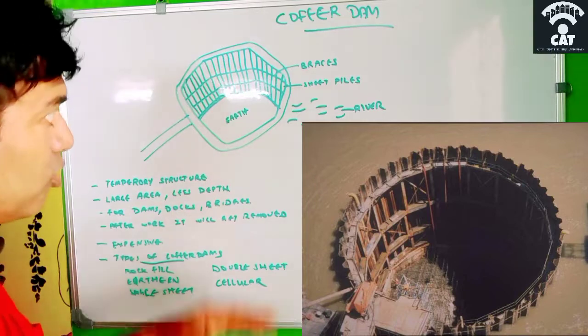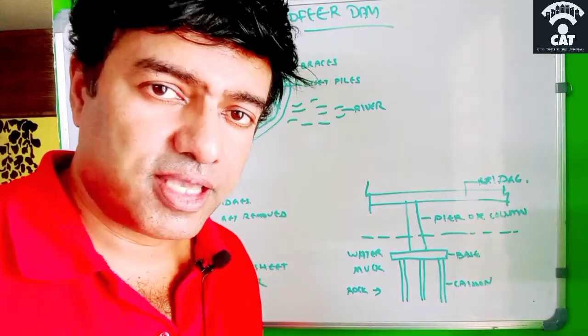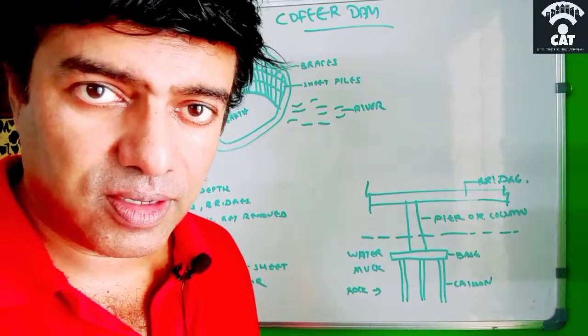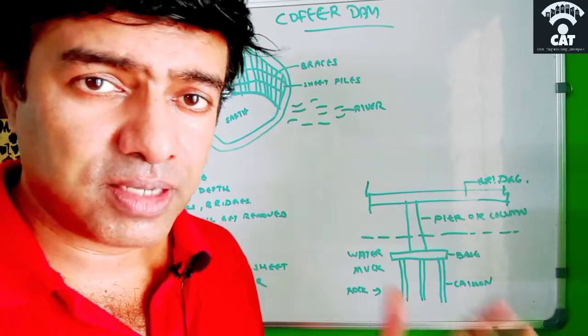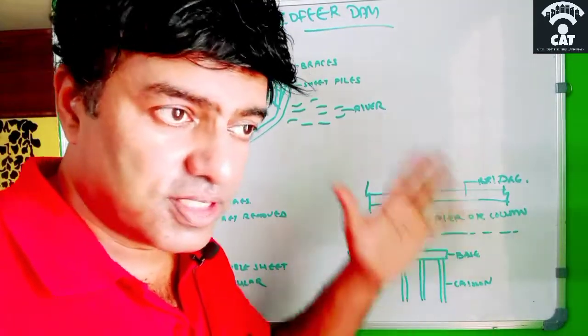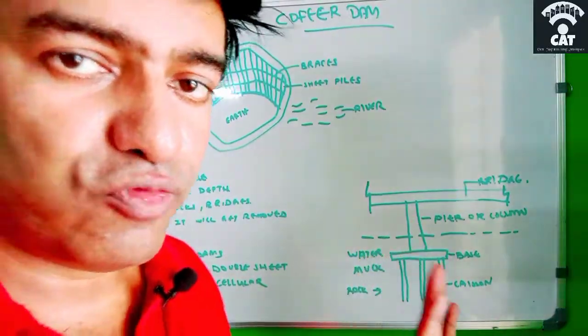The material need not be sheet piles. It can be earth or rock fill, which were used in olden times. And it could be single layer sheet piles, double layer sheet piles or cellular sheet piles. That also can be used for the cofferdam.